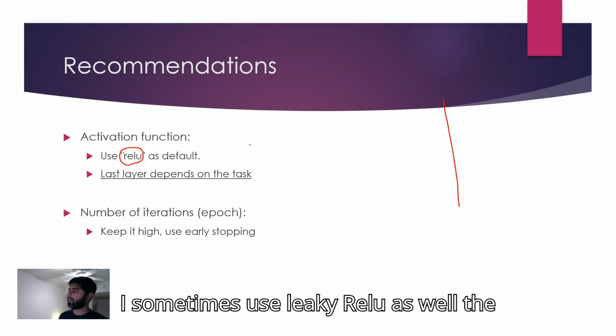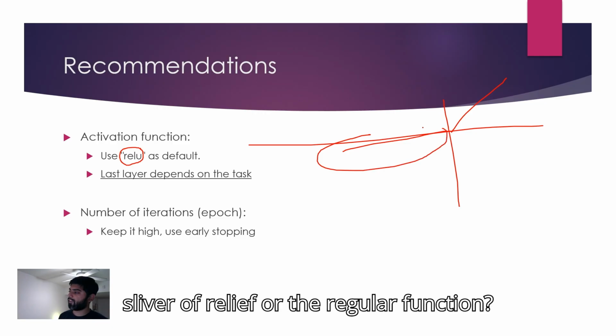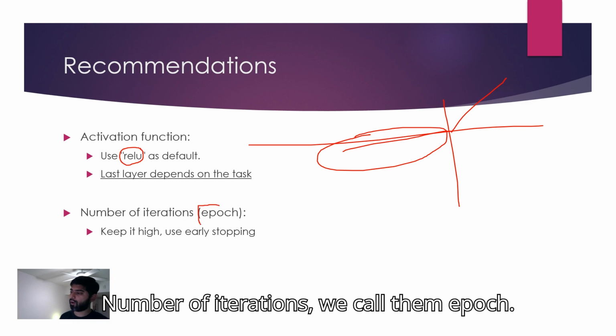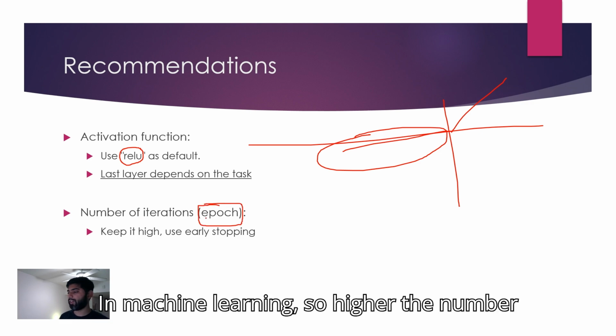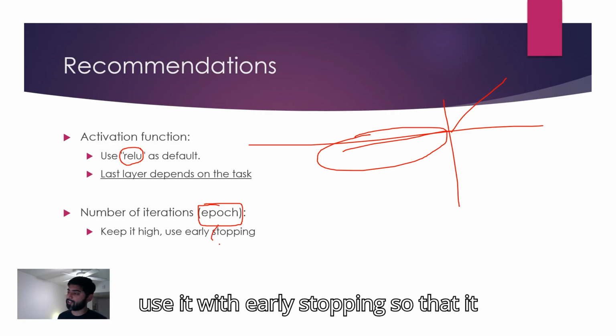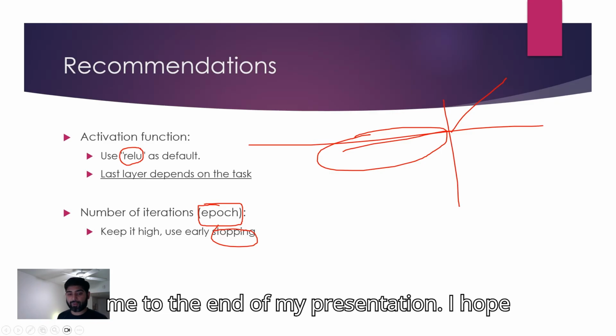I sometimes use Leaky ReLU as well, the Leaky ReLU, which has a little bit of leak over the ReLU function. Number of iterations, we call them epochs in machine learning. The higher the number of iterations, the better the learning, but use it with early stopping so that it does not overfit. That brings me to the end of my presentation.